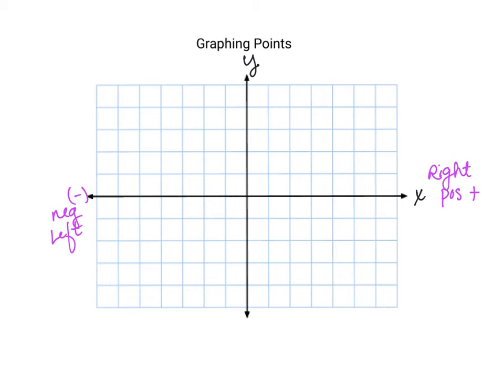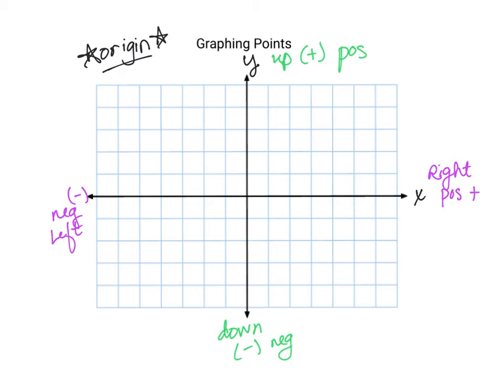In the y-axis, I'm going to remember that going up is positive, and going down is negative. This will really help me as I think about plotting points now. And then the big thing is, again, all things start at the origin. Really critical to remember that origin, that 0, 0 point.